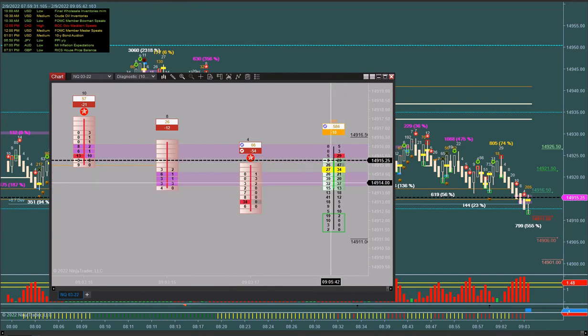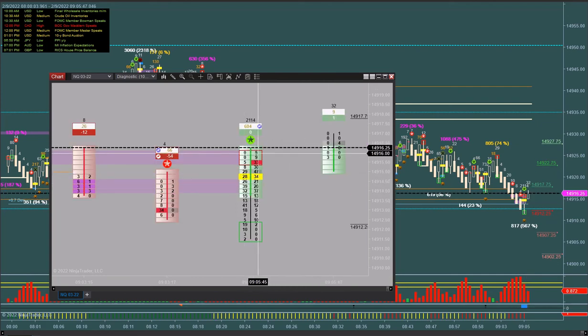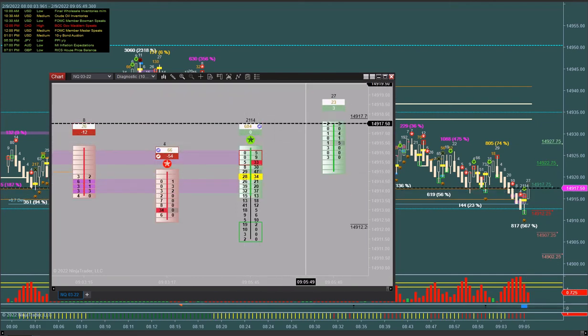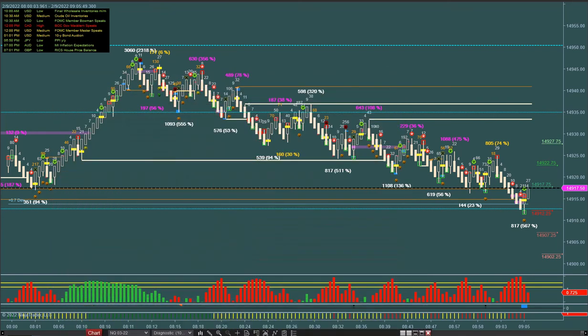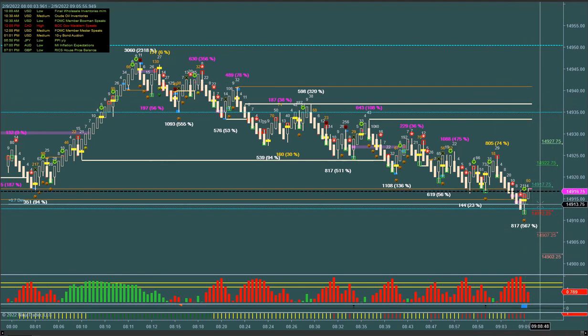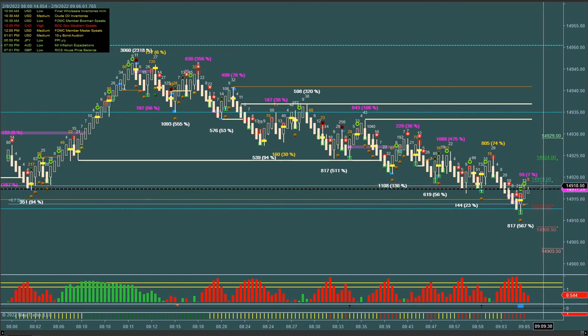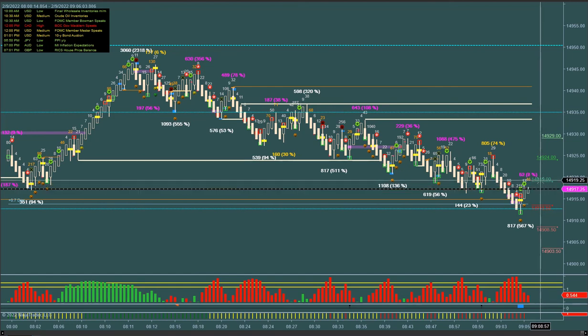Now SLZ on NQ. It closed up, so that's a valid SLZ long trade. So let's see if it wins. And it needs to close one more bar up. If this bar closes up, it'll be a winning trade.